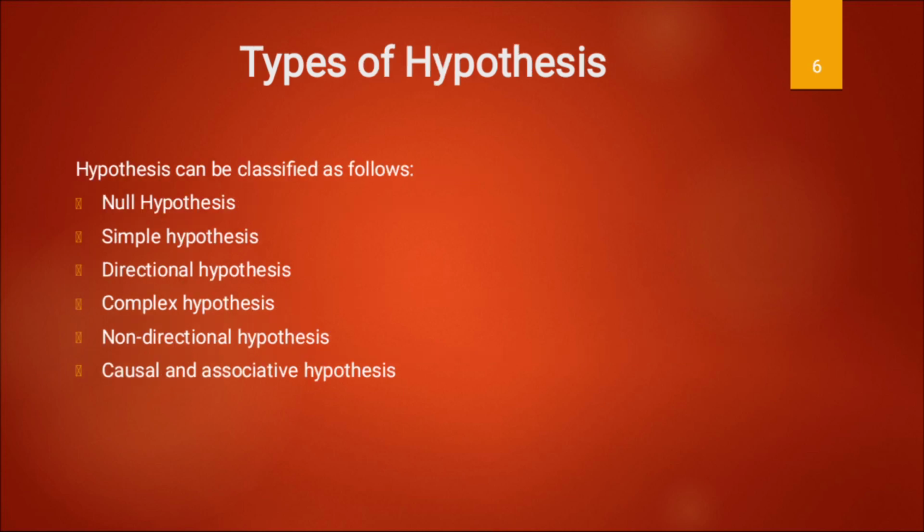Types of hypothesis tests. There are different types, which are given as follows. First of all, null hypothesis. Second, simple hypothesis. Next, directional hypothesis, complex hypothesis, non-directional hypothesis, causal and associative hypothesis. But we first discuss the null hypothesis.